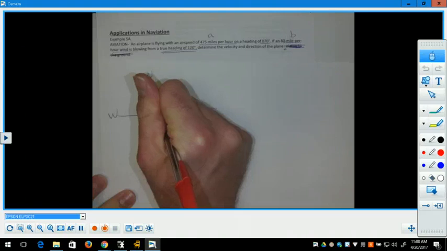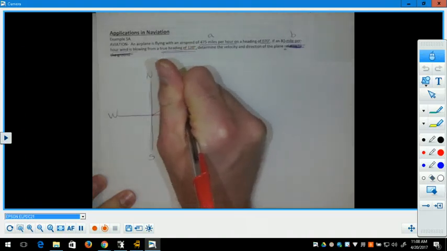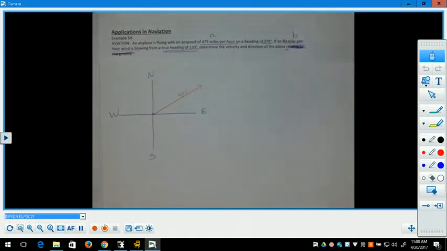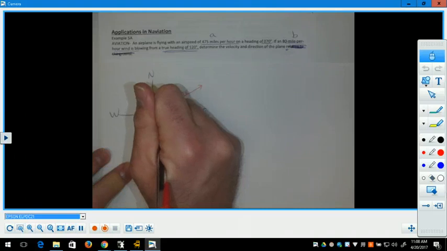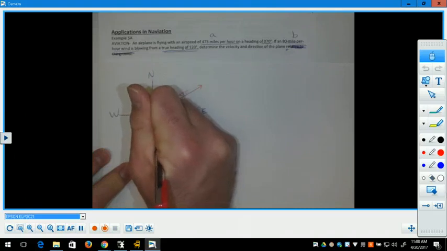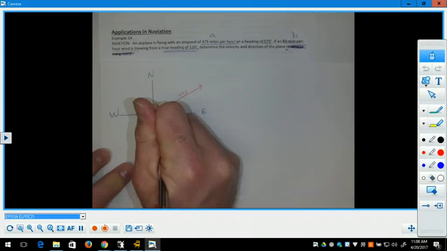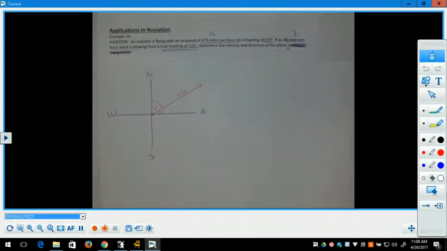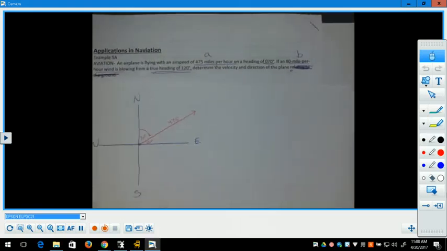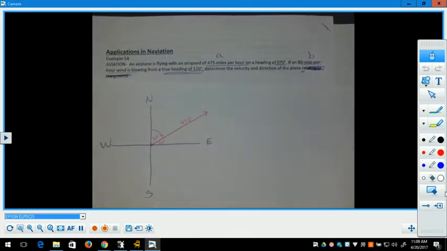So here's the plane, and this is 475 miles per hour, and it's at 70 degrees from north, so this is 70 degrees, which means that this is 20 degrees because we have a right angle from north to east. I'm going to zoom in a little bit more so you can see it better.